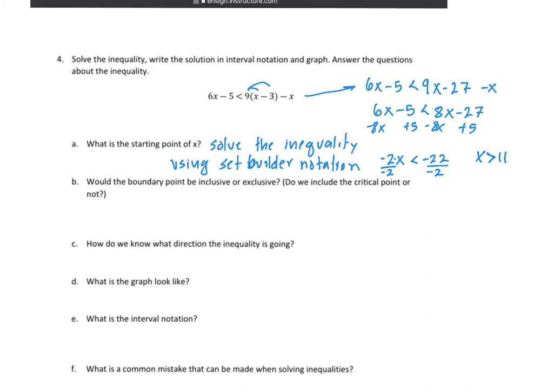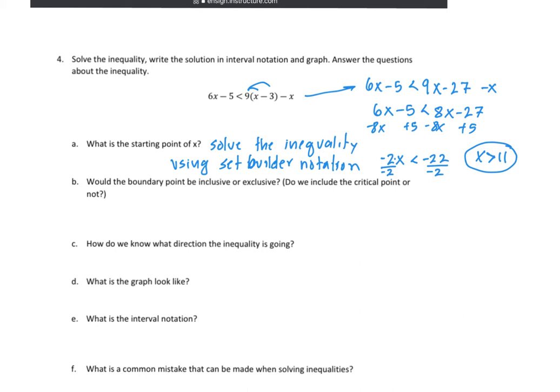That is one of the most common mistakes I see when solving an inequality, forgetting to flip the sign when we divide by a negative. So that means here x is greater than 11.